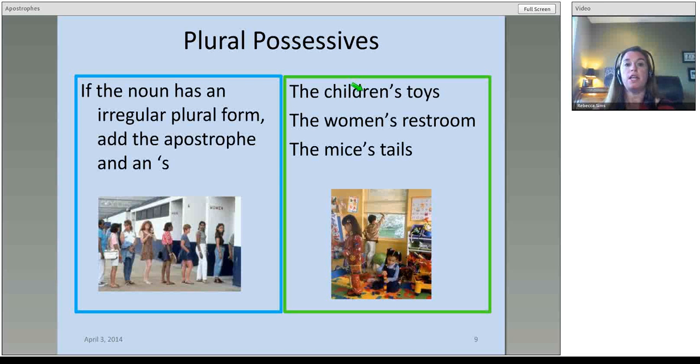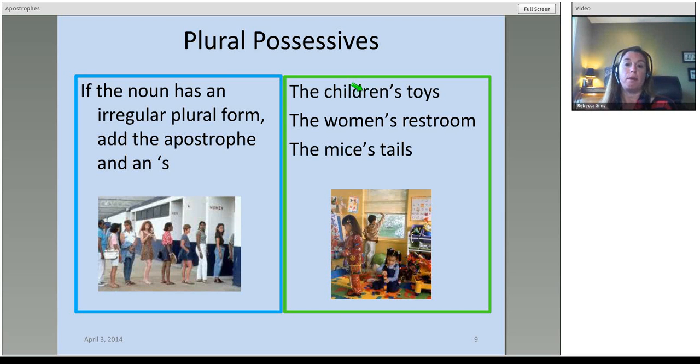If the noun has an irregular plural form, add the apostrophe and an S. So children, child is singular, children is plural, and then apostrophe S. Women, the singular is woman, and so to make it plural, we change it to women. So that in itself makes it plural, and then the apostrophe S makes it possessive.